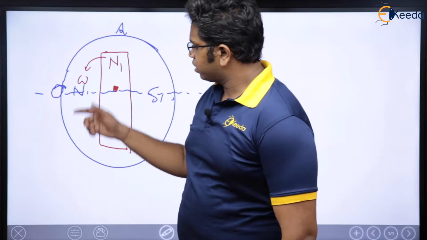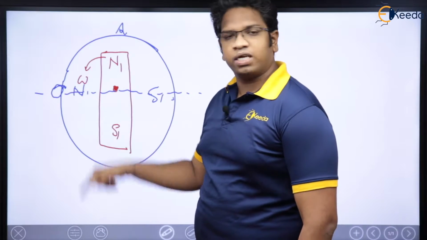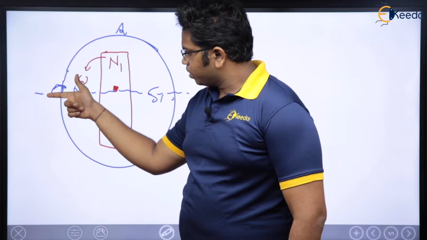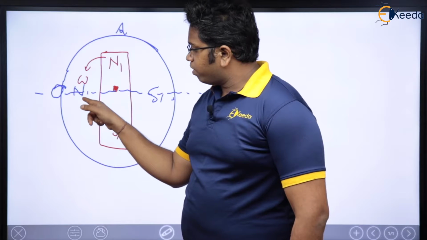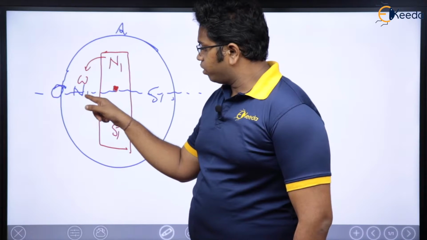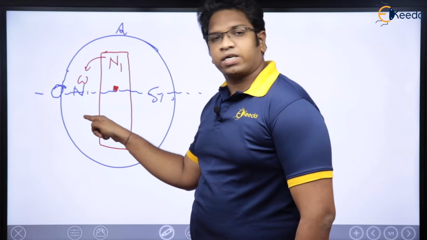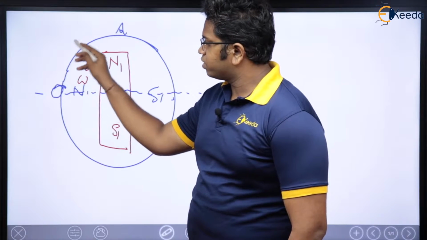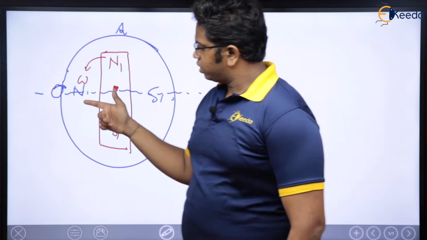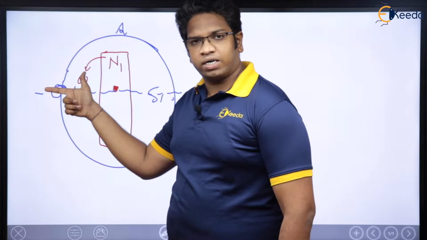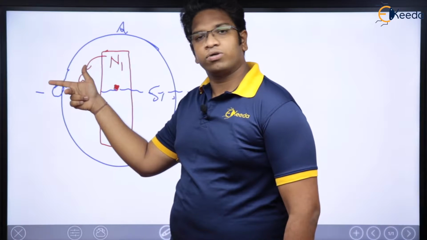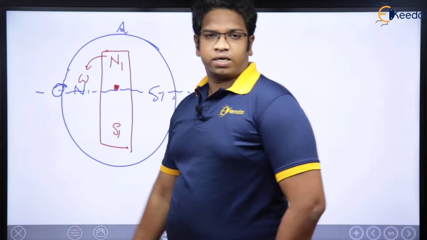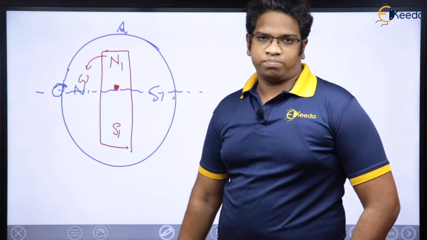See here, this is going to be the flux, because it is N pole, outgoing flux. Now the field pole is moving in anti-clockwise direction, which means with respect to my field pole, the conductor has to move in clockwise direction this way. So this is the flux, motion of the conductor is by thumb, and this is going to be the induced EMF. Induced EMF is going to be dot. Dot means what, sir? Positive maximum, right?